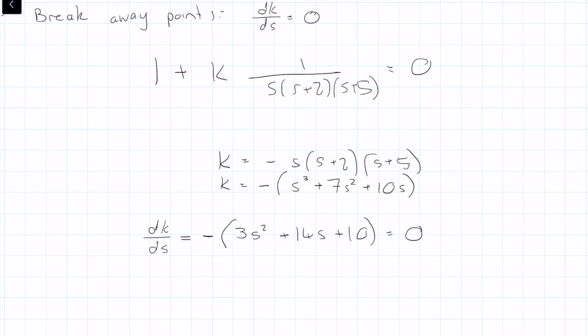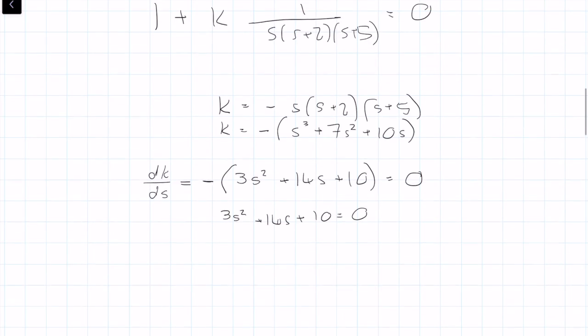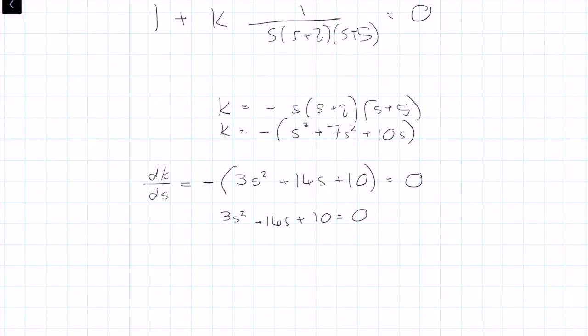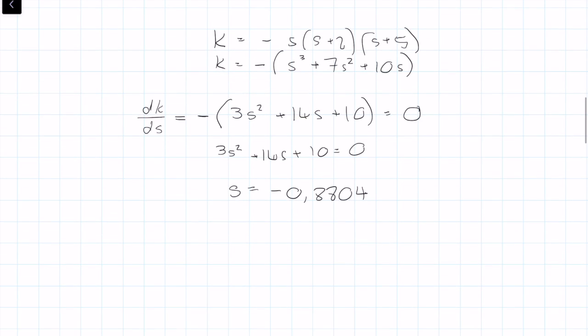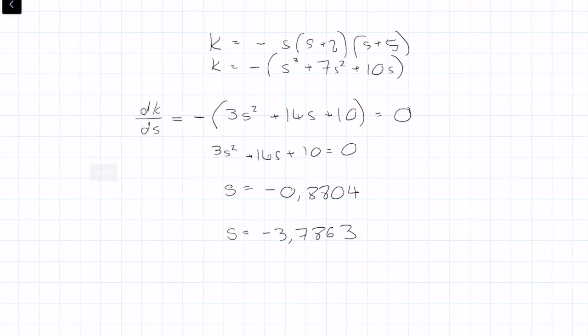Okay, so we can drop that minus, and we can say that 3s squared plus 14s plus 10 equals 0, and we can then solve for this, plugging into our calculator 3, 14, and 10. So we get that s is equal to minus 0.8804 to 4 decimal places, or s is equal to minus 3.7863 to 4 significant figures.